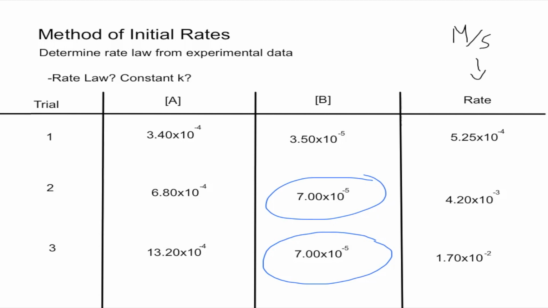After recognizing those 2 trials, you want to write each in rate law format. Rate law format is the rate is equal to K times the concentration of A to the alpha times the concentration of B to the beta.